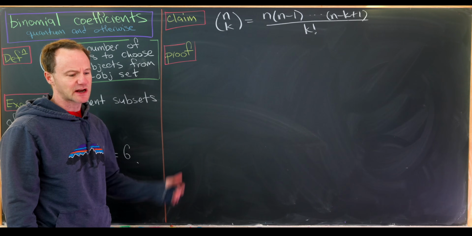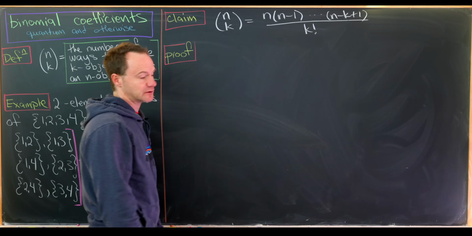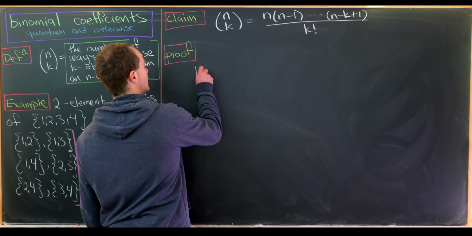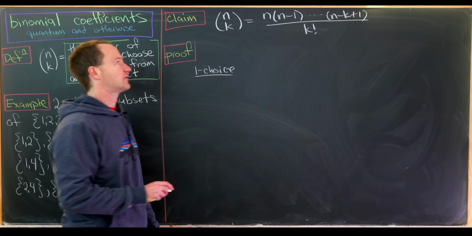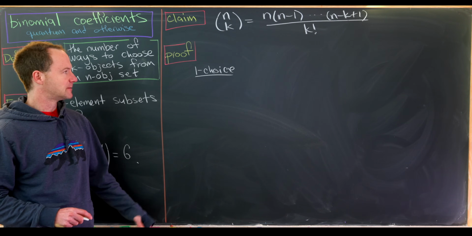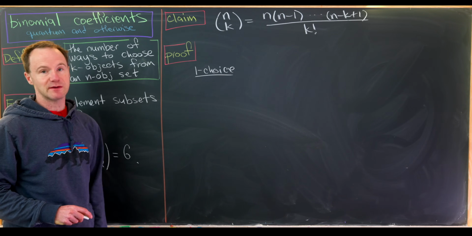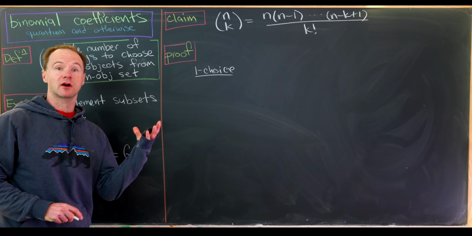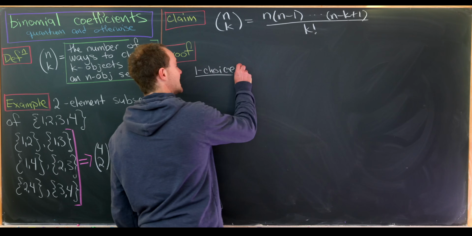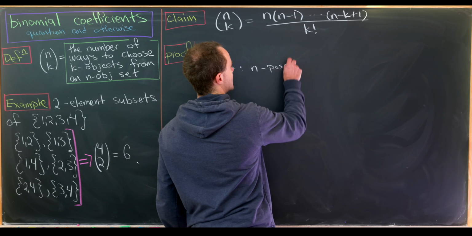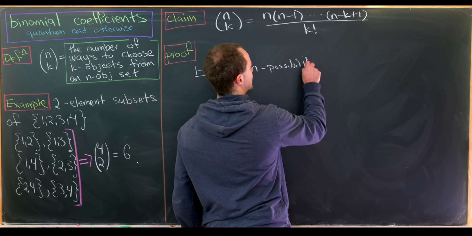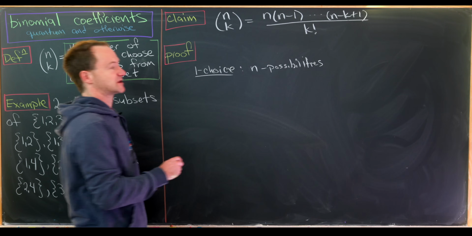Okay, so let's look at our first sketch of this proof. So let's say we want to choose the first element from our n element set. But how many ways can we make that first choice? Well, there are n elements, so there are n possibilities for choosing this first element.